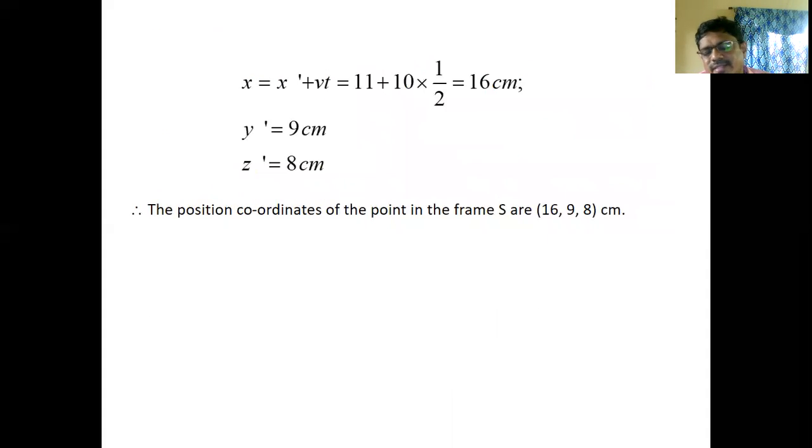So x is equal to x dash plus vt, with x dash equal to 11, velocity equal to 10, time equal to 1 by 2. So that is equal to 16 centimeters. Similarly, y is 9 centimeters, z is 8 centimeters. So the position coordinates of the point in the frame S are 16, 9 and 8 centimeters.